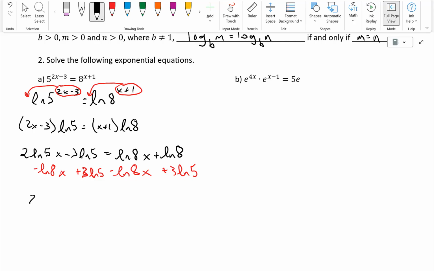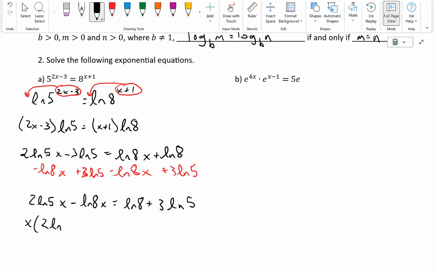So I end up with 2 ln 5x minus ln 8x equivalent to natural log of 8 plus 3 natural log of 5. On the left side, I have 2 terms with an x as a factor, so I can factor out the x.